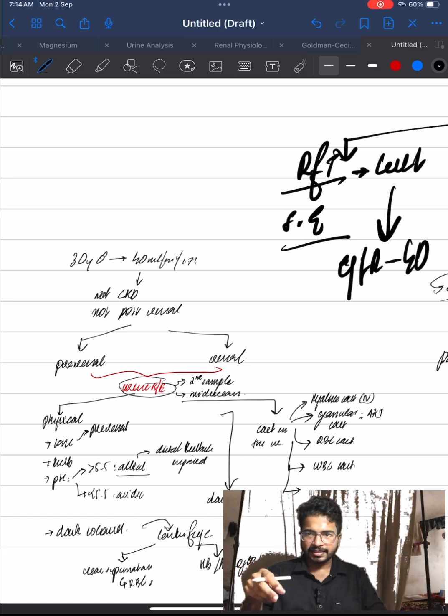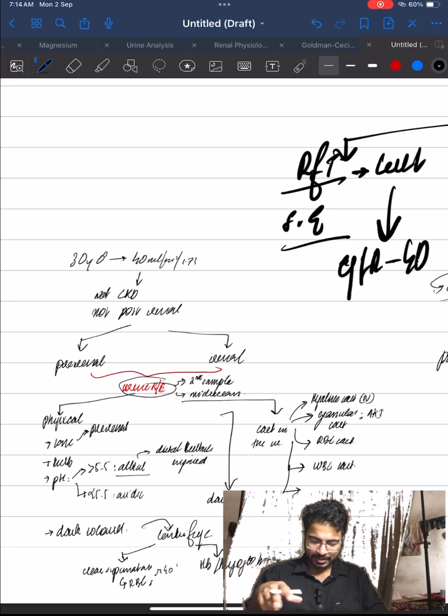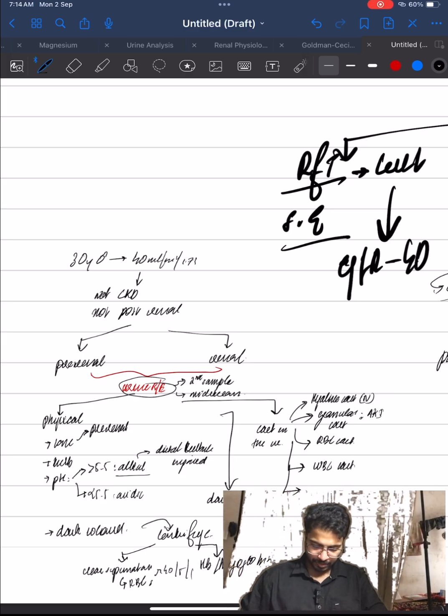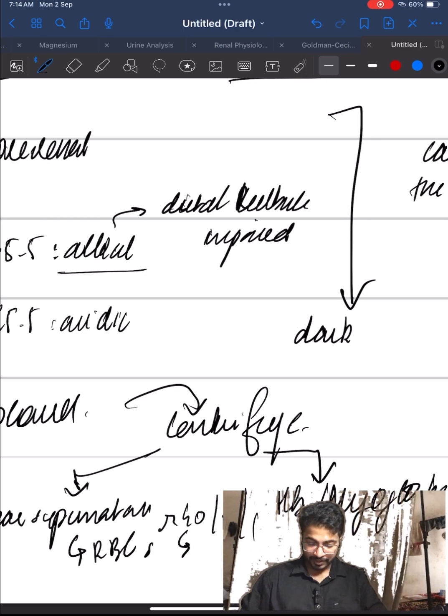You get a dark colored urine sample, you centrifuge it. If it is a clear supernatant, it's RBC. So if it is RBC, you have to look into the microscopy. There is something called the 40-5-1 rule.